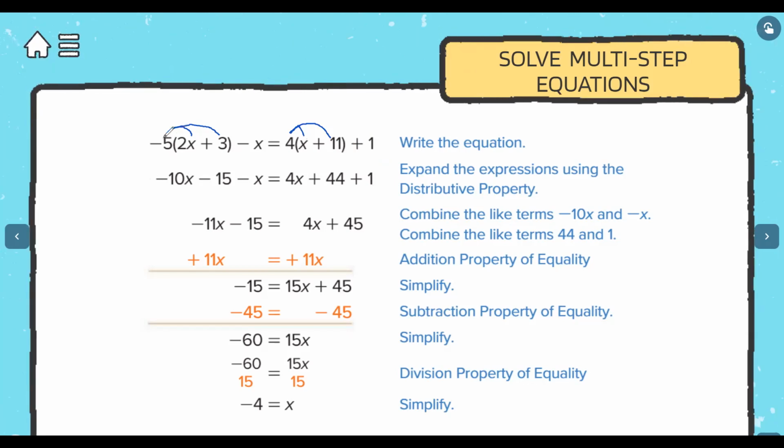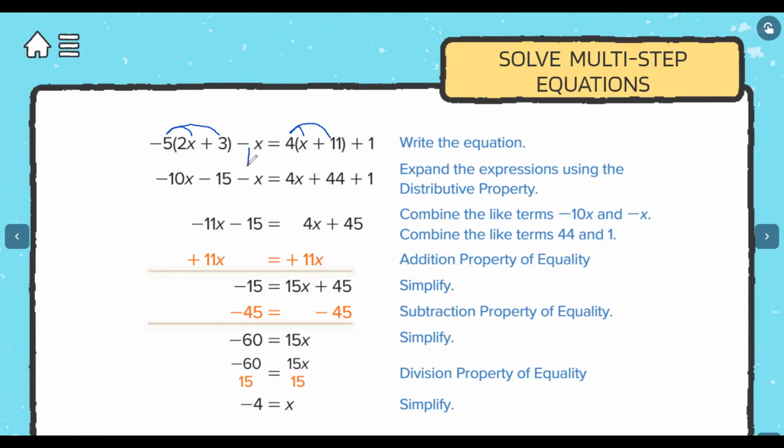All right. Now, what we have to do here, this -5 needs to be multiplied by this 2x. So -5 times 2x, we multiply the numbers, -5 times 2 is -10, and we leave the x, right? The variable remains the same. -5 times 3 is -15, okay?